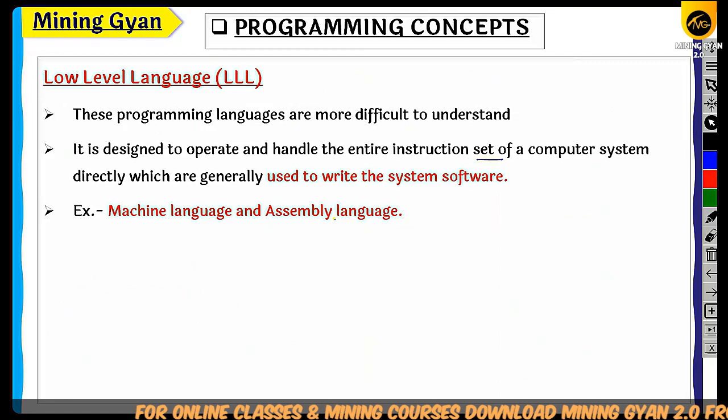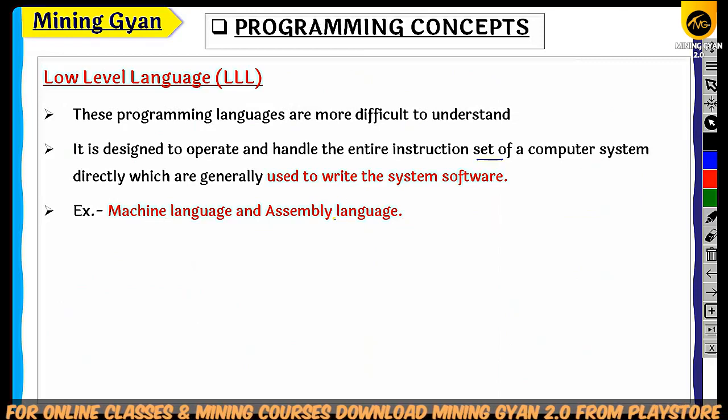So the high level language was invented, and all programmers use the high level language, but the machine understands the machine level language or assembly language. So there is a need to convert from the high level language into the low level language.